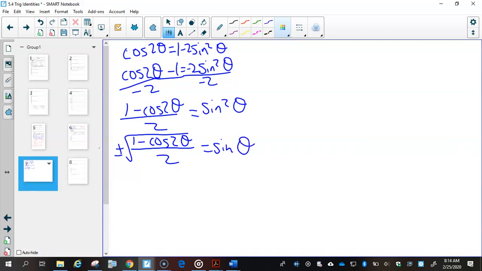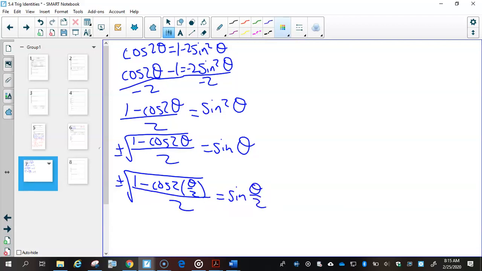Right now, this is just sine of theta, so sine at some angle. But because we're dealing with half angles, I'm going to take all of my thetas and replace them with thetas over 2. So change all the thetas to thetas over 2.